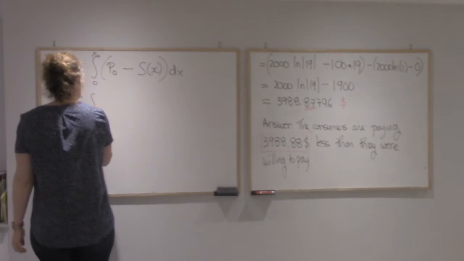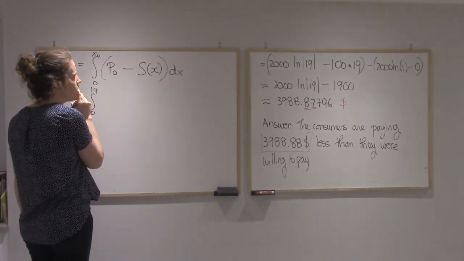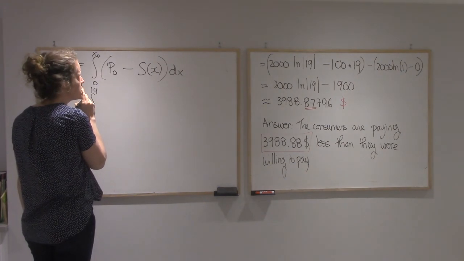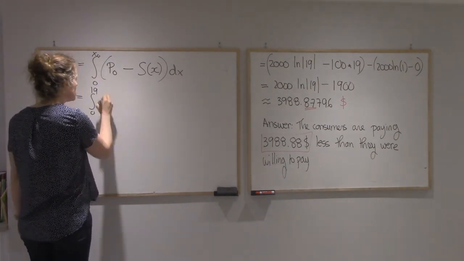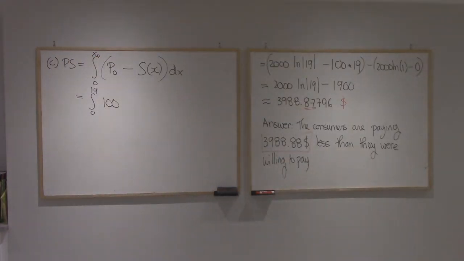P0, this was 19, P0 was 100. Let me double check. Yeah, 100.